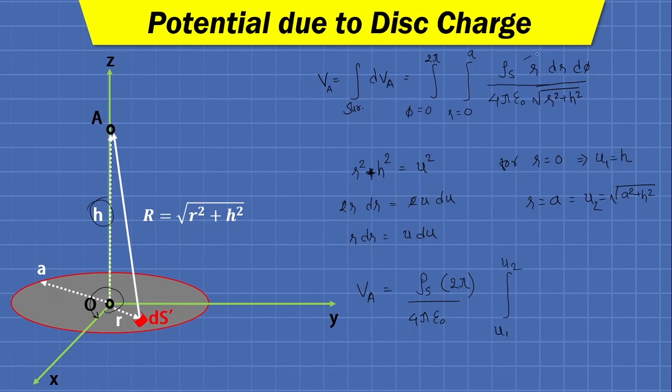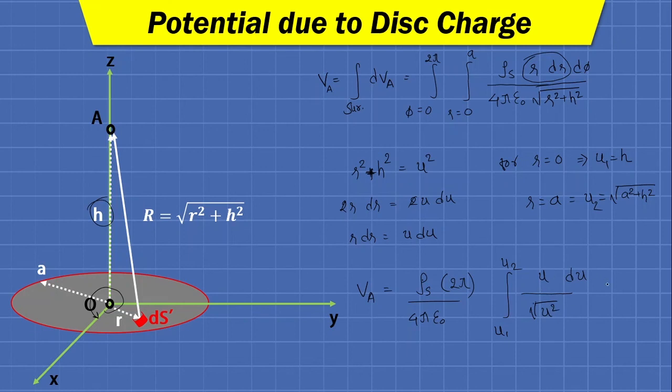Now in place of r dr over here, we can write u into du, and under root r square plus h square is nothing but under root u square. So under root u square is nothing but u.